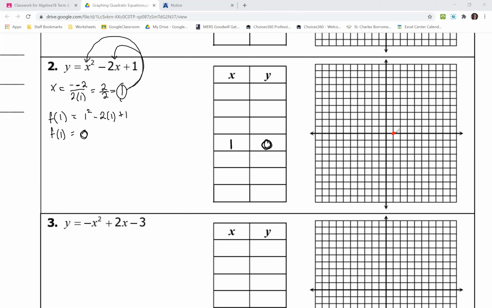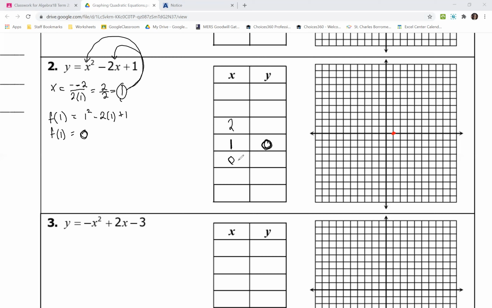The vertex here is also one of my roots. But if the vertex is the root, how many roots do you think we're going to have? How many times do you think it's going to cross or intercept my axis? So something to think about. So let's do a couple more points. Let's do 2 and let's do 0, okay?